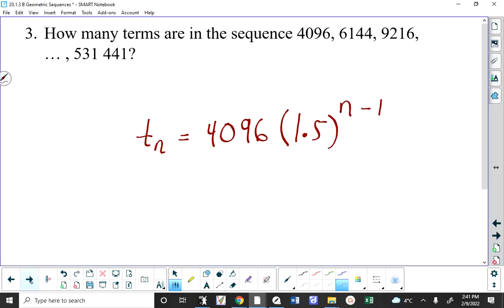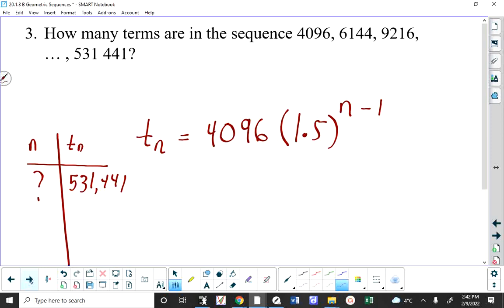And we've done these problems with arithmetic: if the term has a value of 531,441, what is n? Because whatever value of n gives that term, that's the value of n that gives the last term.